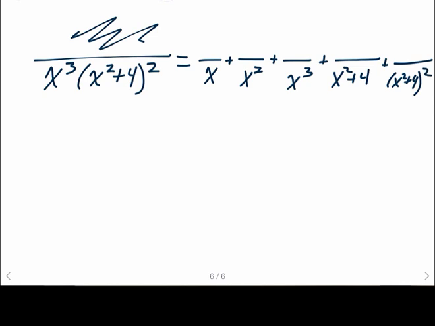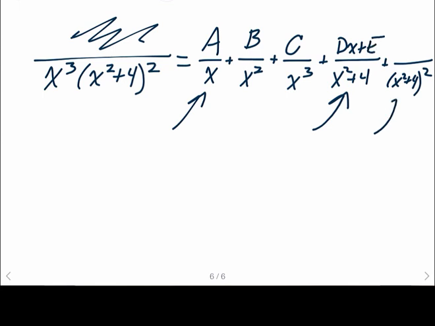We'd have 5 fractions. Because x is a linear factor that's repeated, all of the x, x squared, x cubed would have constant numerators, a, b, c in this case. Because x squared plus 4 is quadratic, we would end up doing dx plus e.